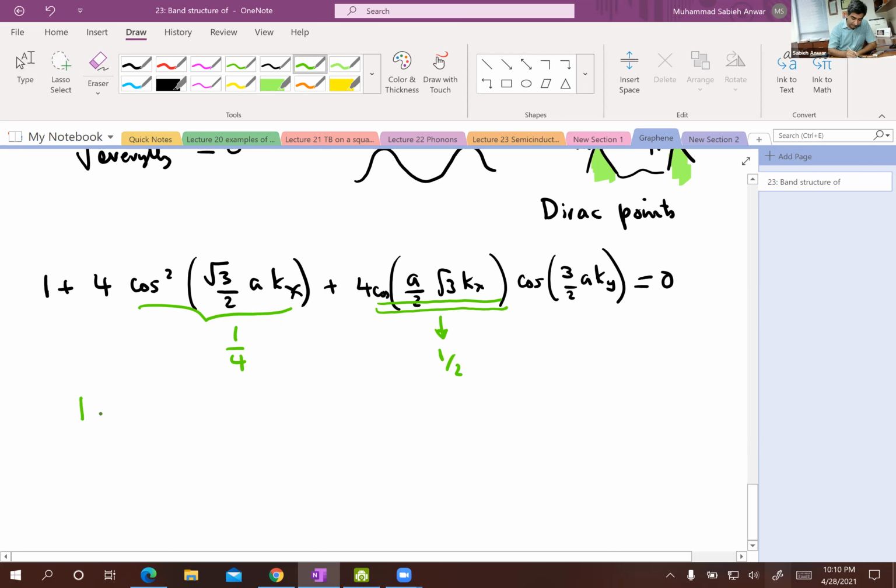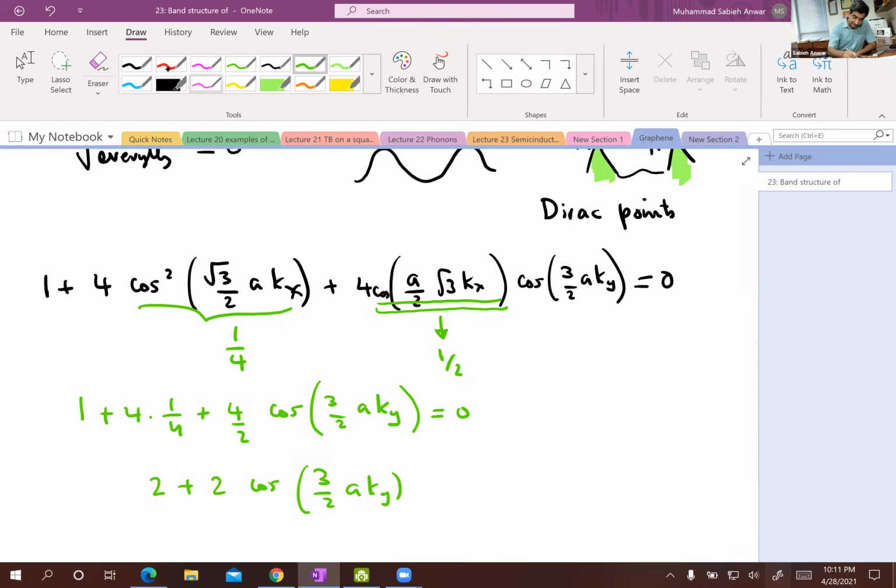So I'm left with 1 plus 4 into 1 by 4 plus 4 over 2 cosine of 3 over 2 aky. This means that this is 2 plus 2 cosine of 3 over 2 aky.